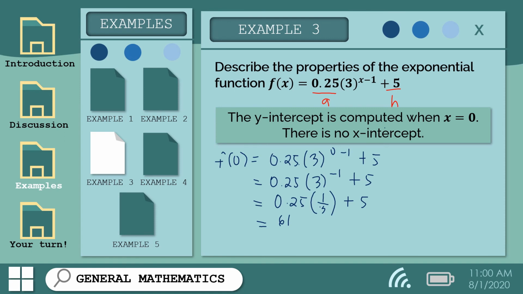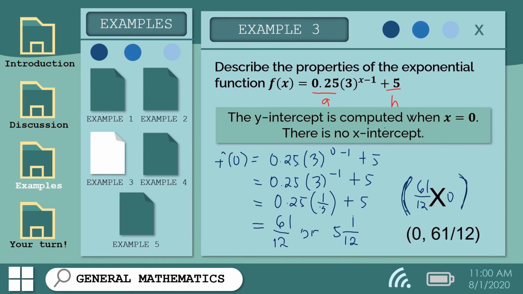Going straight to the calculator, we have 61 over 12, or that is 5 and 1 over 12. So, this is our y-intercept, 0, 61 over 12. That is where we intersect our y-axis.